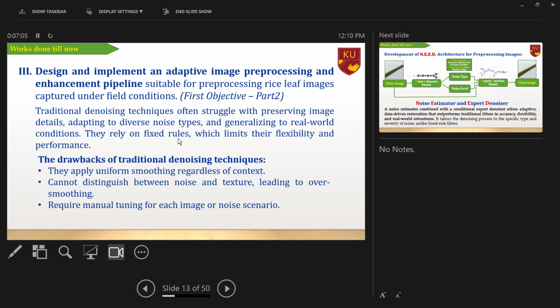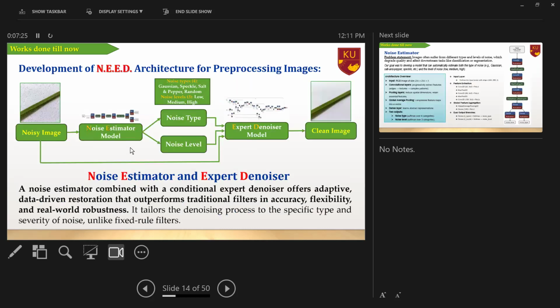Here, our concept is to estimate first what type of noise is there, and what is the level of noise in the image. Then we have used another model to denoise this noise. So we have introduced one architecture.